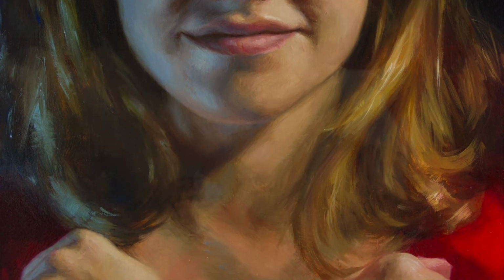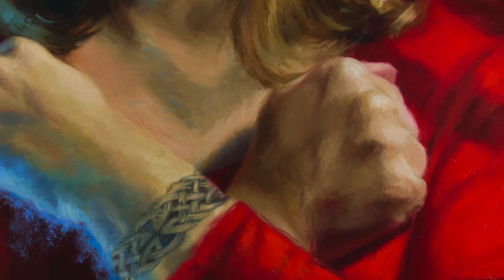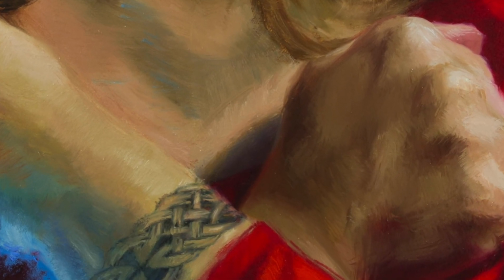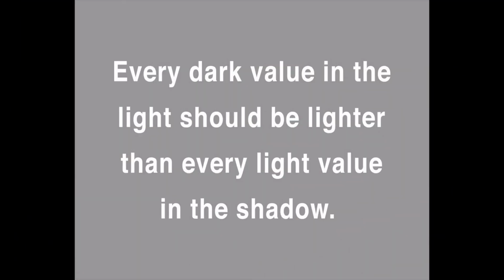And so it messes up the shape, and it makes your painting jarring. So you need to almost compress those values in the shadows and make sure that you're not painting the reflected light too light. So if we say it a little bit differently, every dark in the light is going to be lighter than that light in the dark.